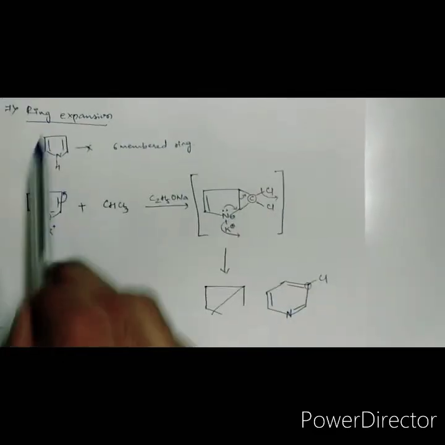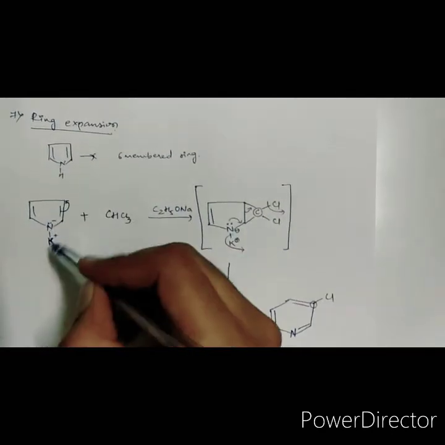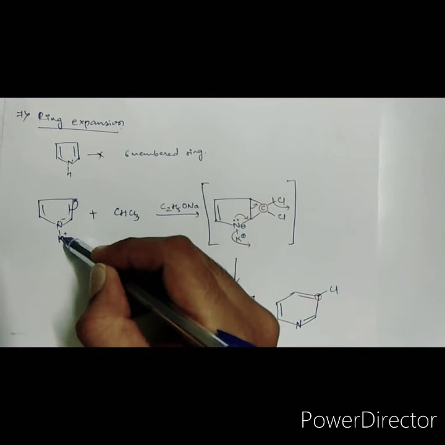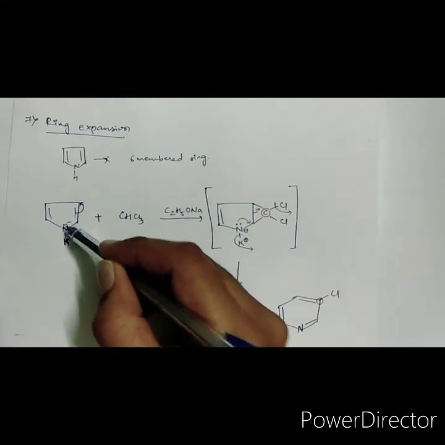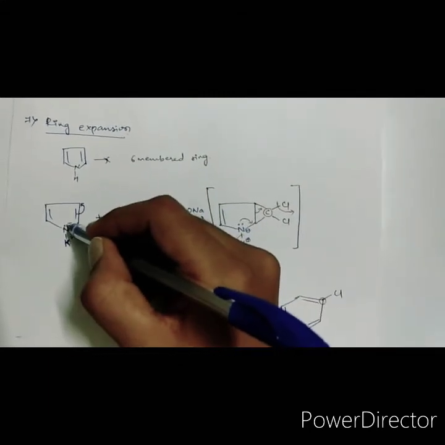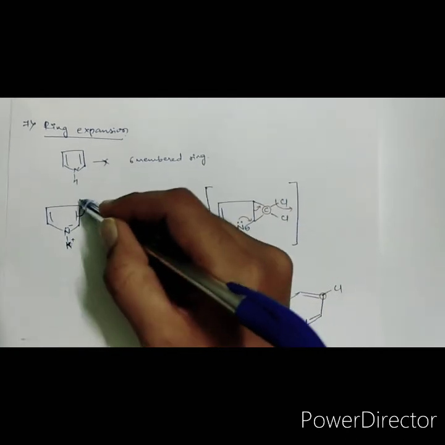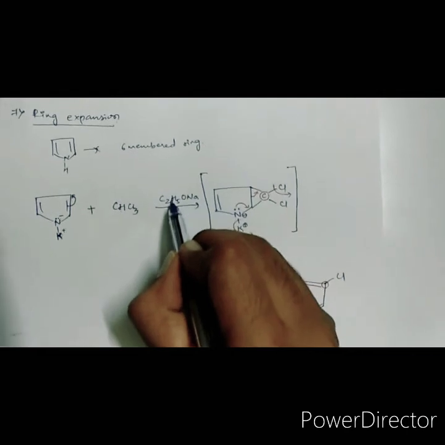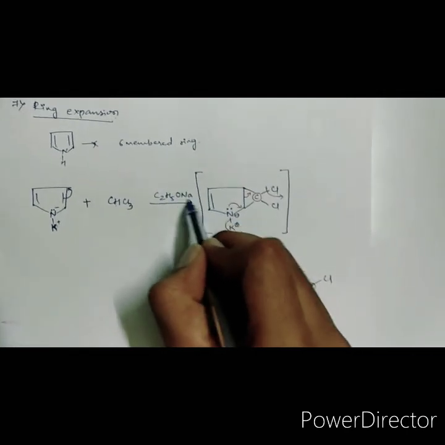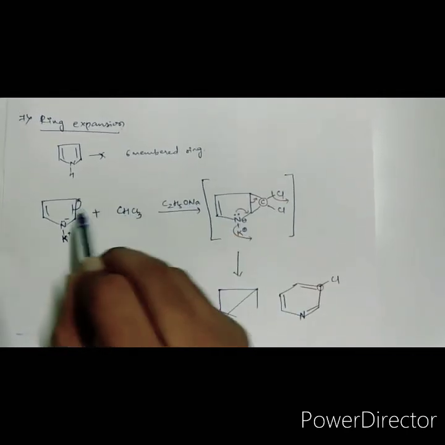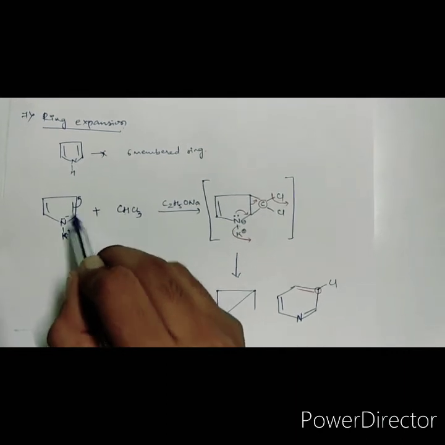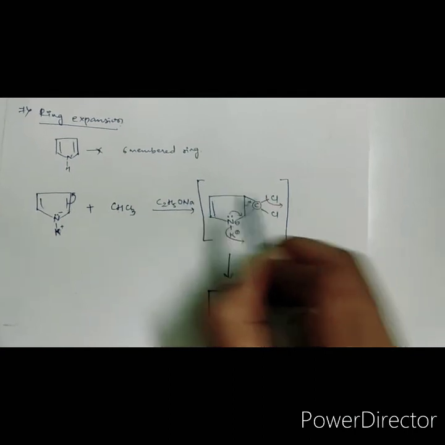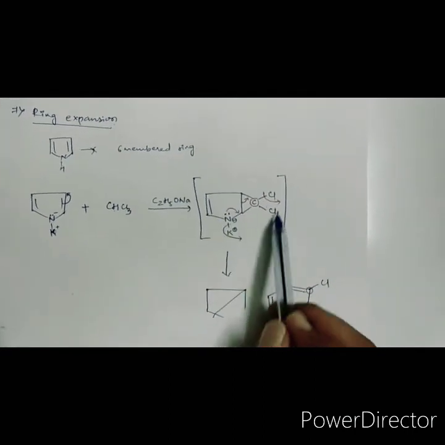The ring expansion specifically takes place using the potassium salt of pyrrole. We saw in acidic character that potassium hydroxide reacts with pyrrole to form a potassium salt. When this potassium salt reacts with chloroform in the presence of sodium ethoxide, it undergoes intermediate product formation.